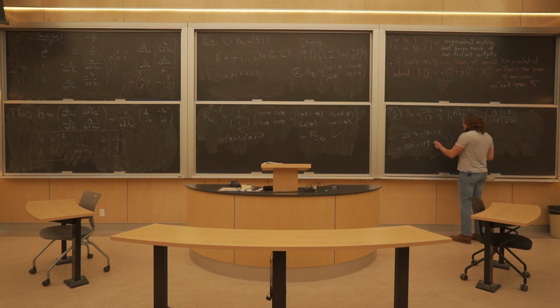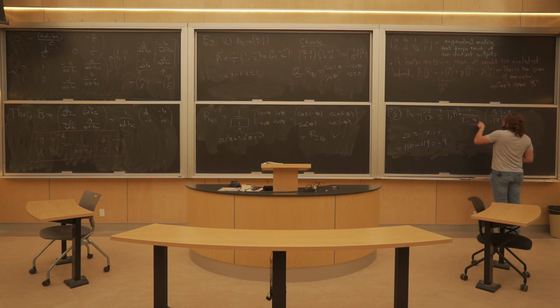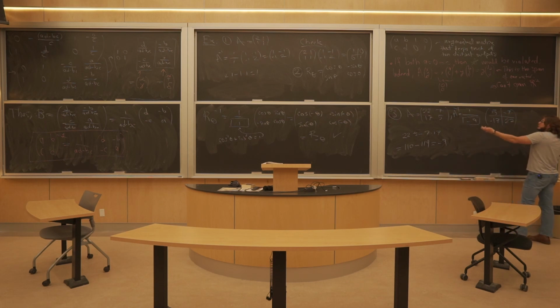This is correct. So this is minus 9. Now you can leave it like this, or if you want, you can distribute this number to get an expression. So this is minus 5 divided by 9, 7 divided by 9, 17 divided by 9, 22 divided by 9 with a minus. Okay?